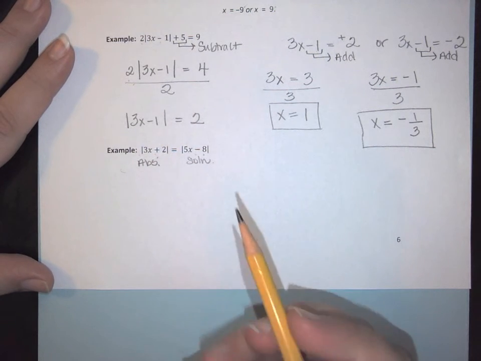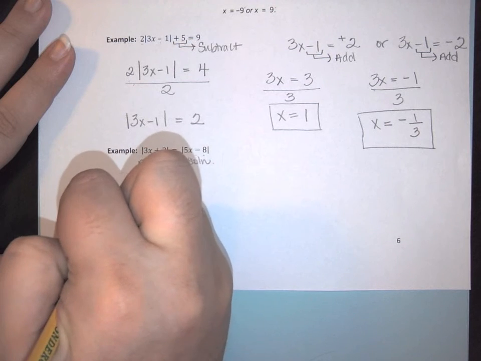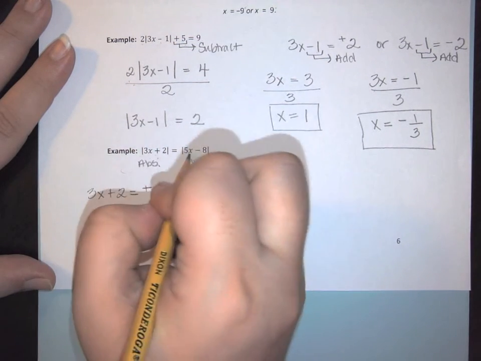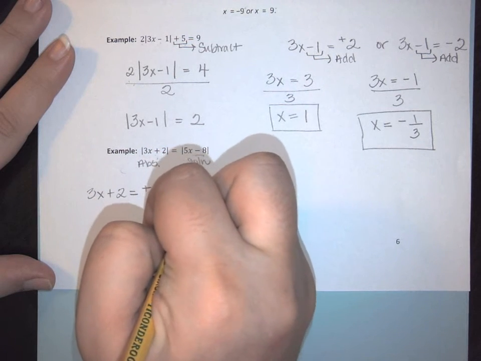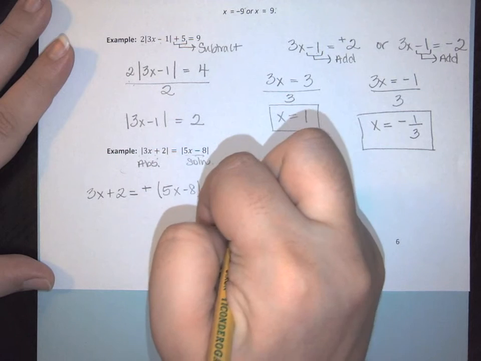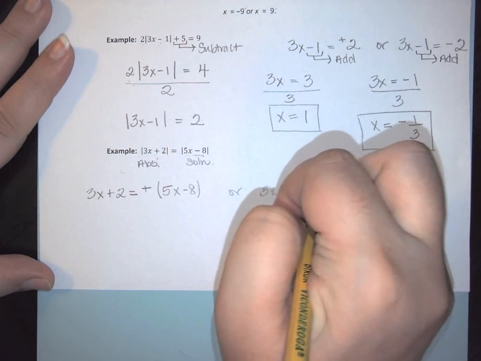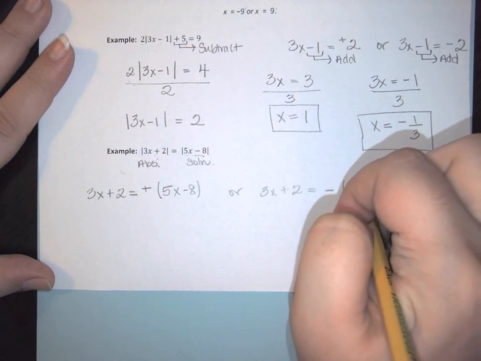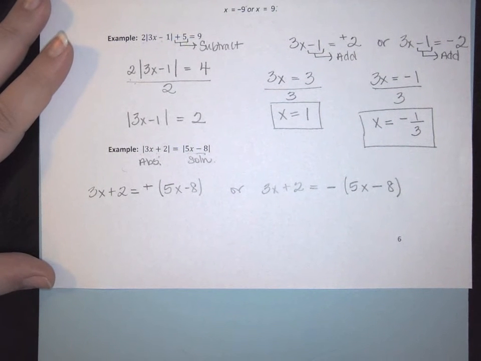The stuff inside my absolute value, 3x plus 2, has to equal the positive of the stuff inside the other, the 5x minus 8, or my 3x plus 2 has to equal the negative of the 5x minus 8. And again, you have to solve them both.